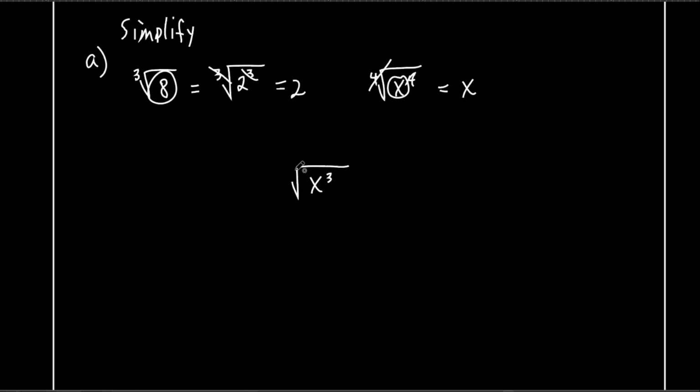Because it happens so much. We use square roots so much that they decided, let's just not even put the 2 there, all right? We know what that means, all right? So how in the world would you figure this out? Well, what you could do, remember, this is the square root, okay? So what we could do is we could take x to the third and rewrite it so that at least something cancels out.